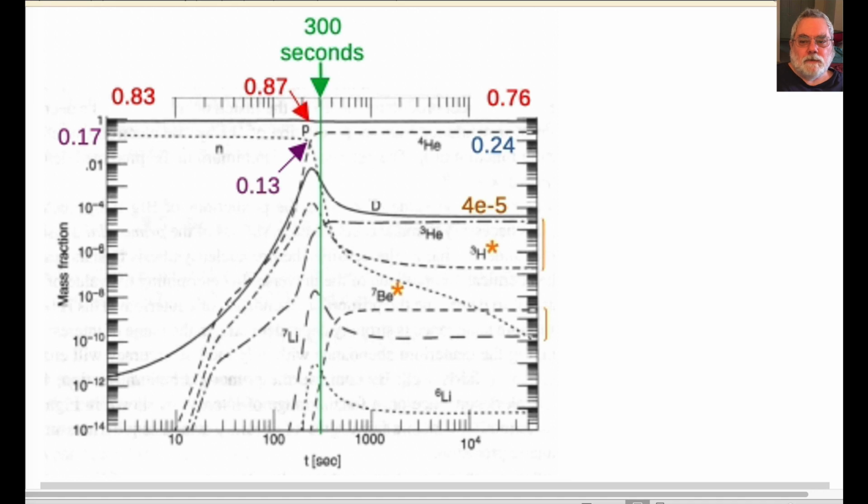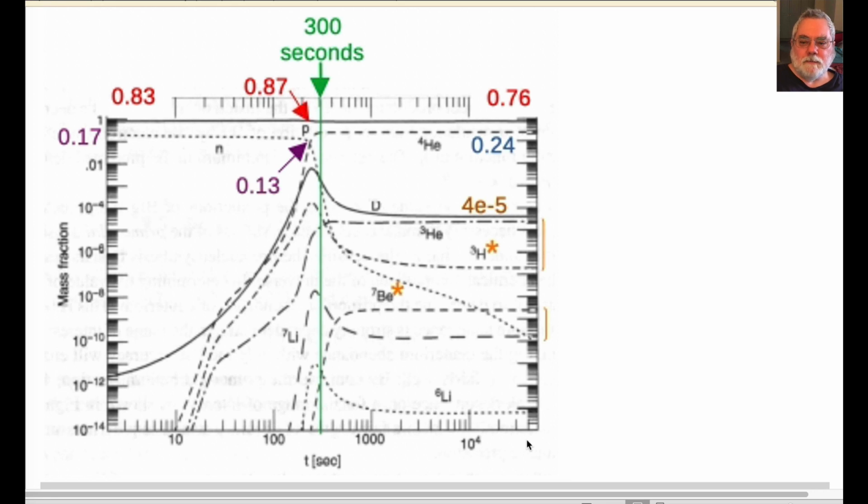This graph shows a particular Big Bang nucleosynthesis model's prediction of the mass fractions, fraction of ordinary mass, of the protons, neutrons, and other nuclei for the first 50,000 seconds, 14 hours after the first 2 seconds after the Big Bang.